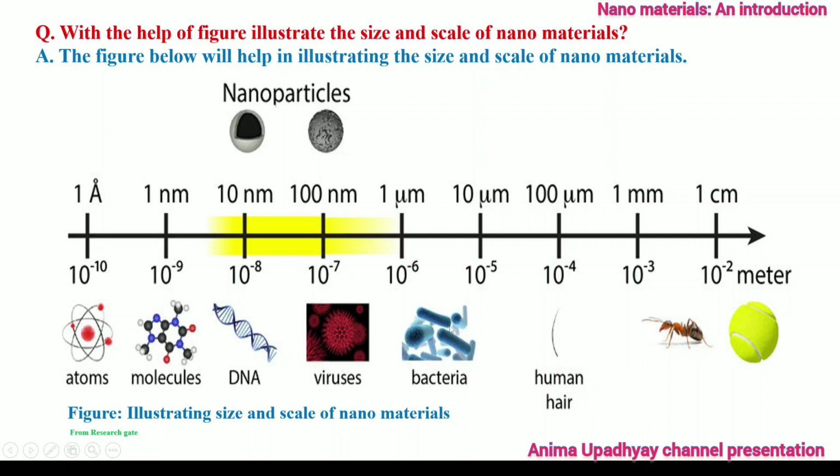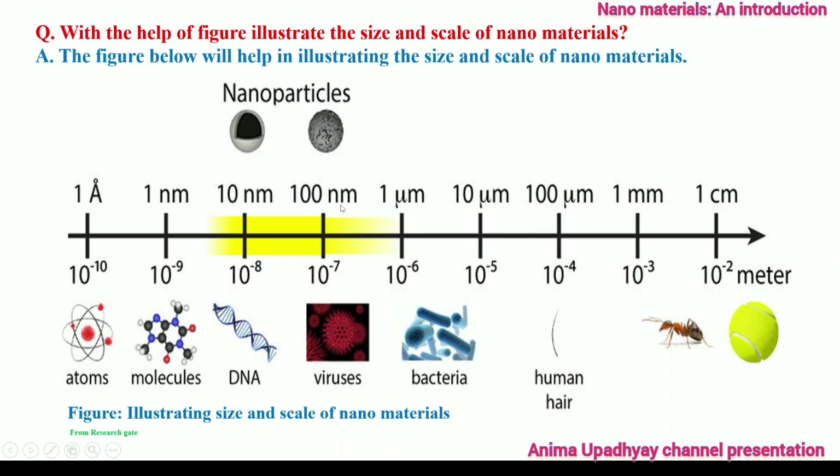And then comes bacteria, which come under the micrometer range. The human hair, which is very, very thin, is around 100 micrometers. Then comes an ant, and then comes the tennis ball. So here you can see there is a yellow patch. Beyond this yellow patch comes the micrometer.